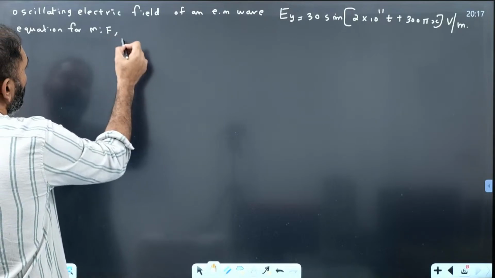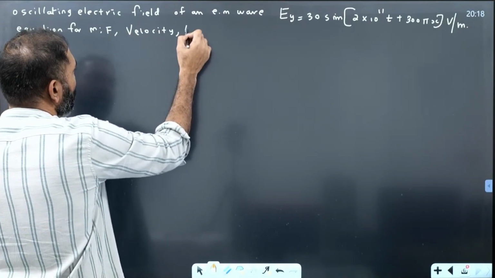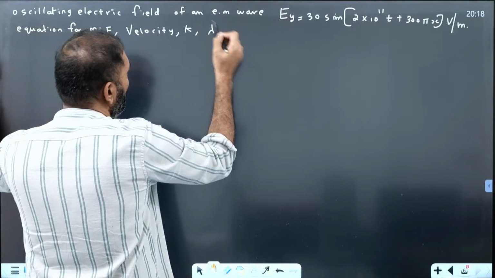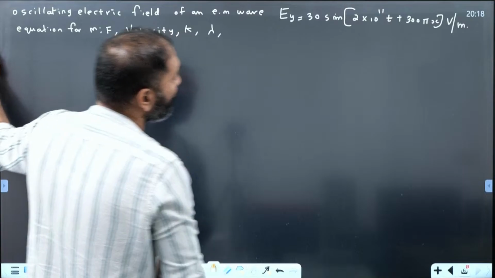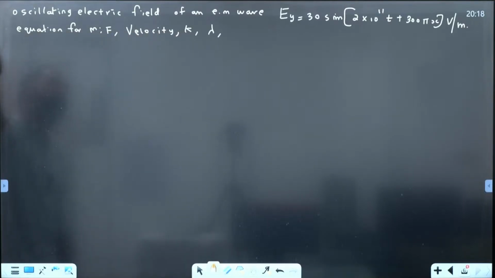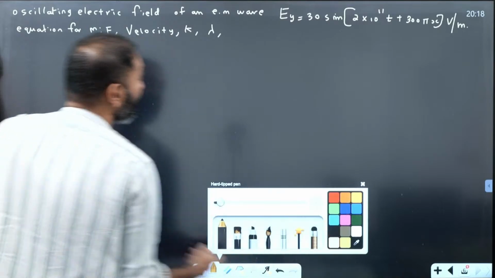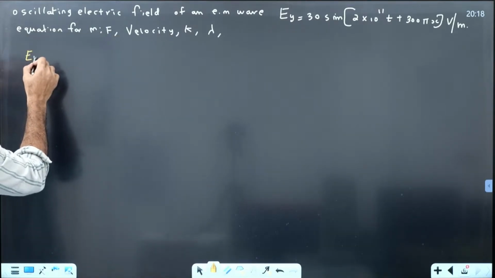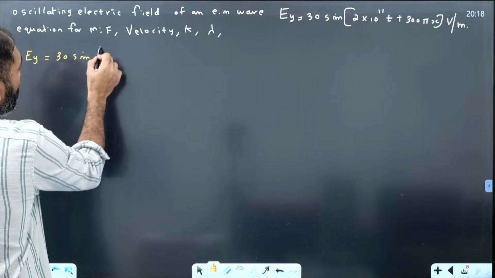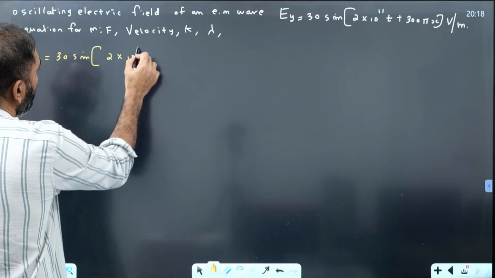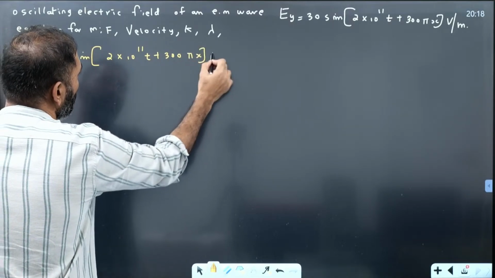We have to find out velocity, propagation constant k, lambda, all these things. Now what is the given data? According to the given question, Ey is equal to 30 sine (2 into 10 raised to 11 t plus 300 pi x) volt per meter.